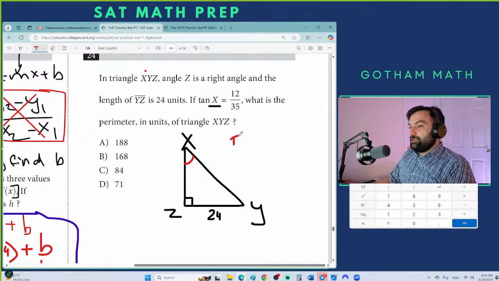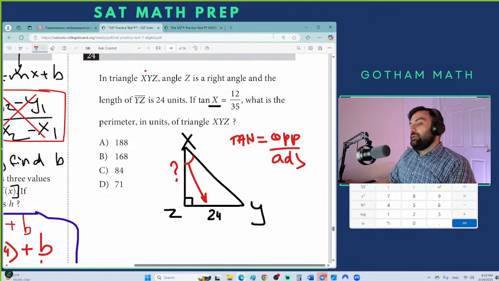So tangent, from trig or even from geometry, equals opposite side over adjacent side. Opposite side is 24. The adjacent side is this side ZX.